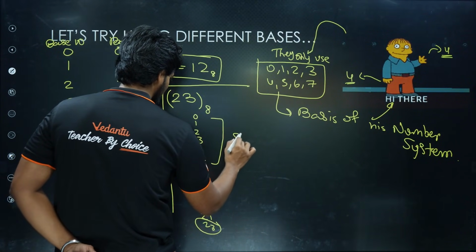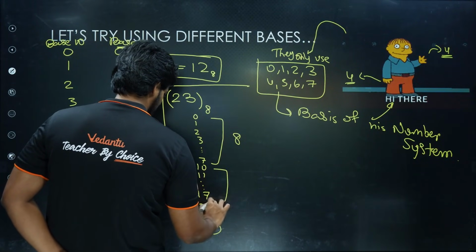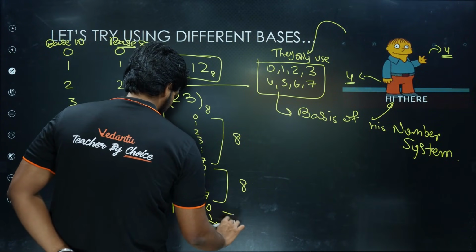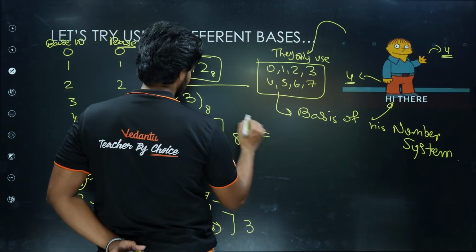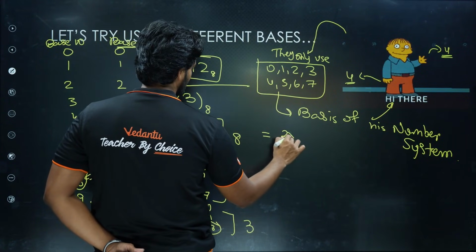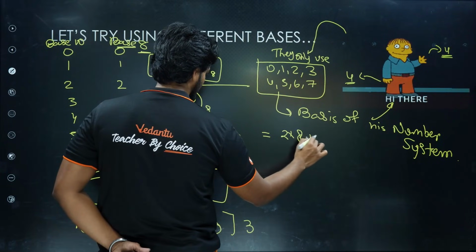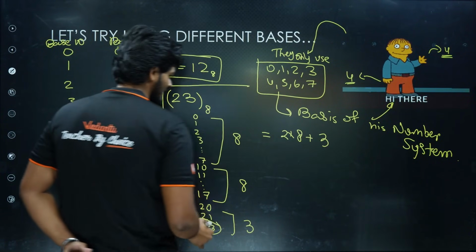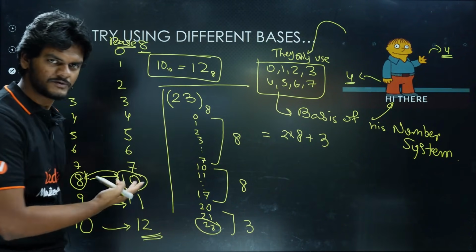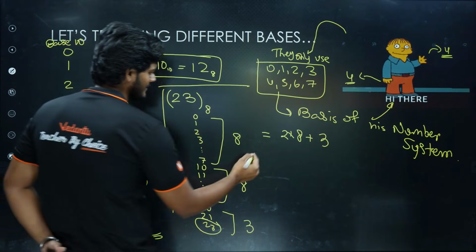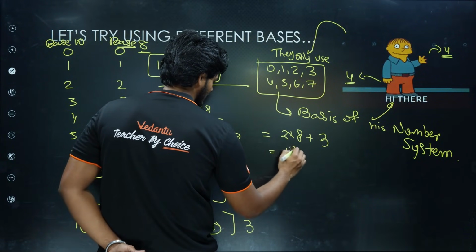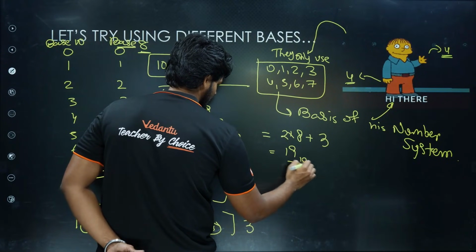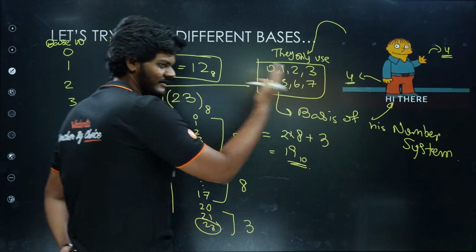There is an 8, there is another 8, and there is 3. So that is 2 into 8 plus 3. Do you see that? So that is 16 plus 3, 19 base 10. This is how we convert.